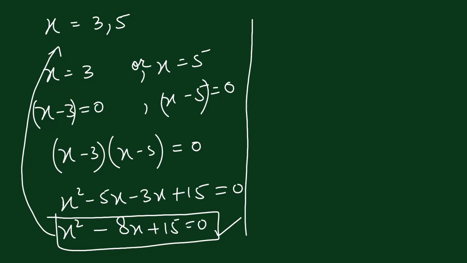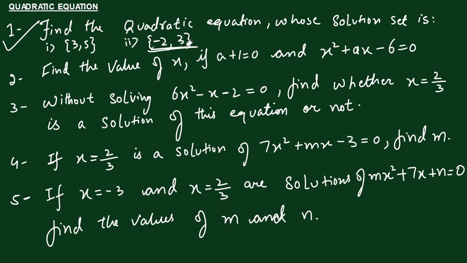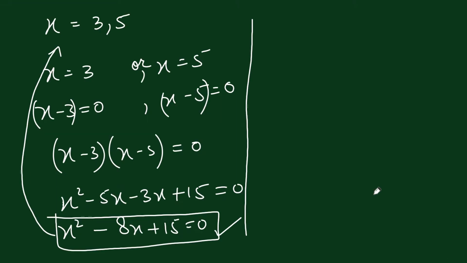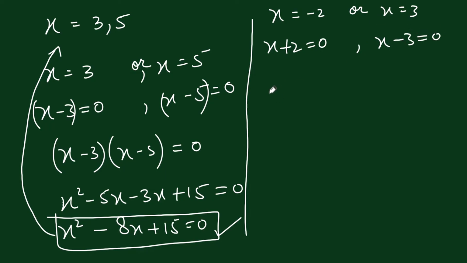Next one, again they have given x is minus 2 and 3. So for x is equal to minus 2 or x is equal to 3 given, this will become x plus 2 is equal to 0, and this will become x minus 3 is equal to 0. So that's x plus 2 into x minus 3 is equal to 0.